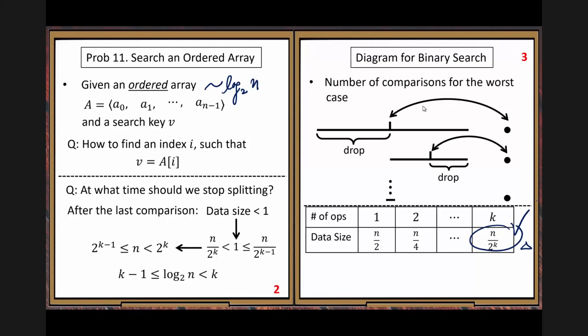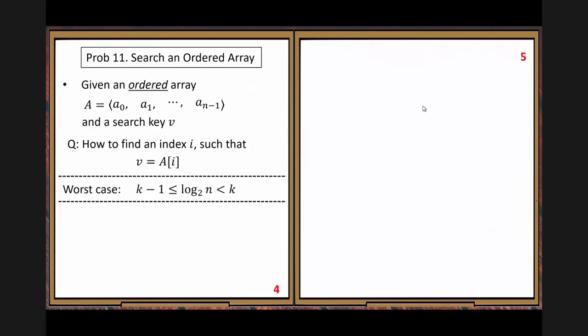So we are very close to representing the range of k. Very close to it. But next, we want to find the k that corresponds to the worst case solution.